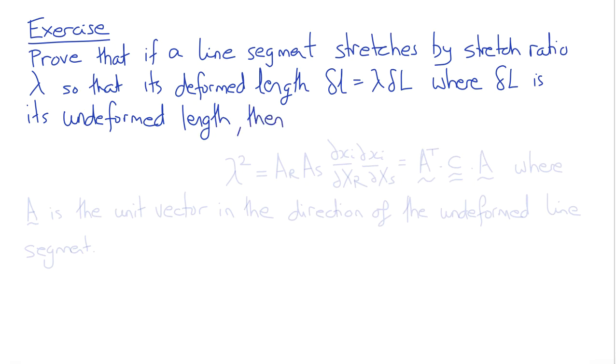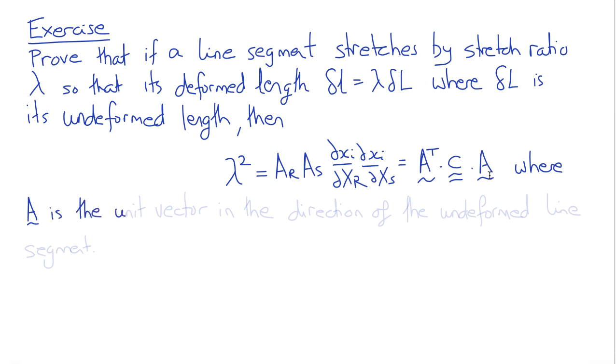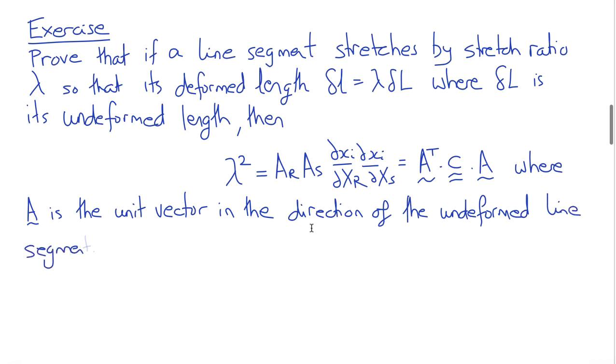The problem is to show that lambda squared is equal to A_R times A_S del x_i del X_R del x_i del X_S, and you might recognize that latter term as C, the right Cauchy-Green deformation tensor, or in vector and tensor notation this would be A transpose C A, where A here is the unit vector in the direction of the undeformed line segment delta with length delta L.